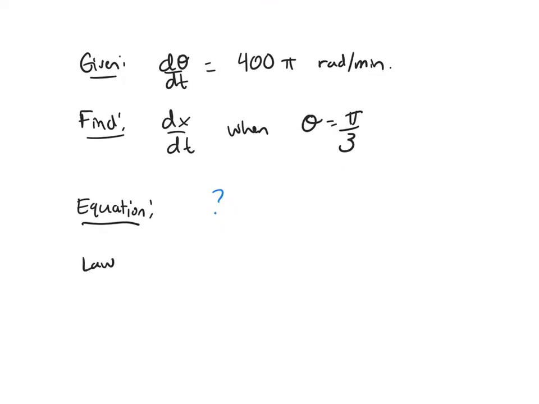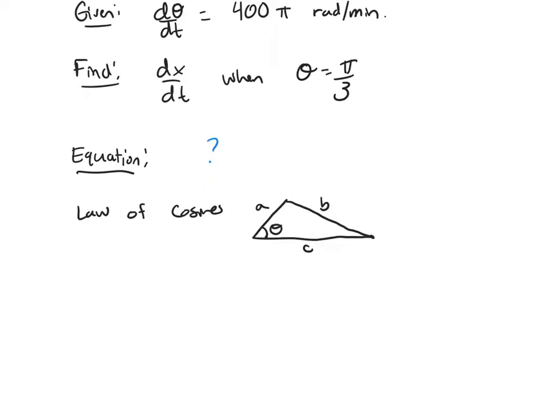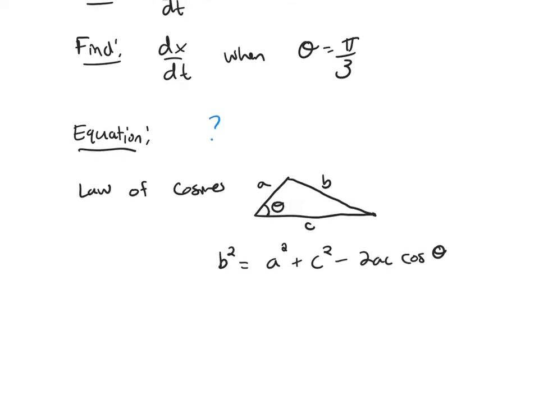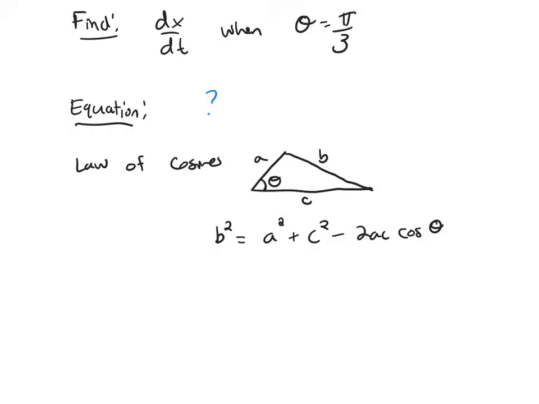The one we're going to use comes from the law of cosines. It works for any triangle, not just a right triangle, ABC. The law of cosines says the side opposite theta, b squared, equals a squared plus c squared minus 2ac cosine of theta.